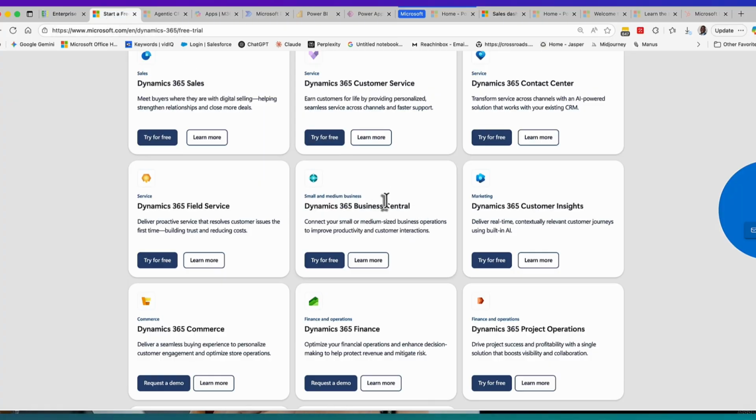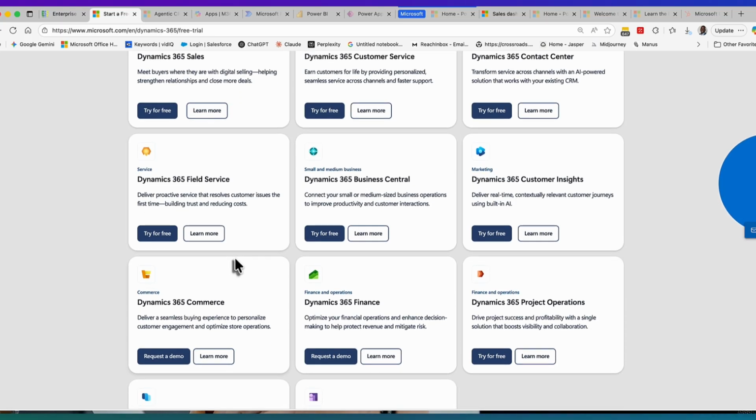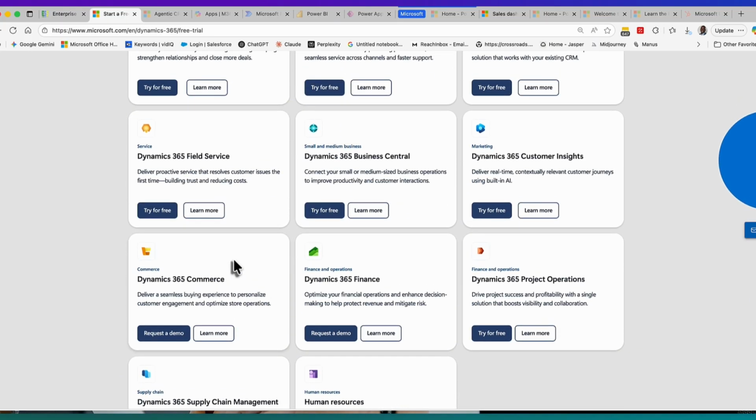You're also going to get other tools, and that's very important. That's going to be the service side, which is Dynamics 365 Customer Service, Dynamics 365 Contact Center, Dynamics 365 Field Service. These service products are really powerful to enable you to manage your customers' tickets and cases and really interact with your customers, right?